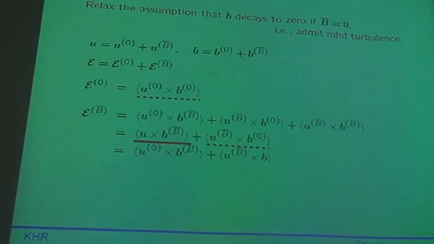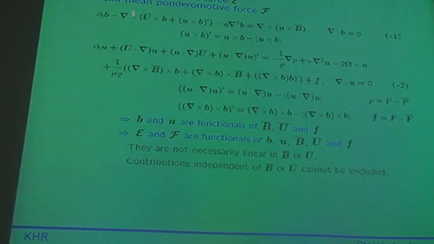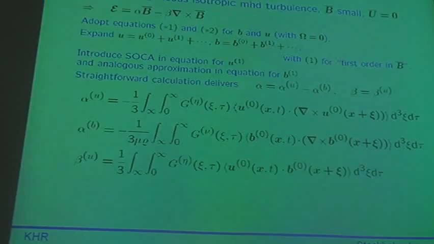If you accept these two equations with omega equals 0, and expand then U and B in this way, a term independent of the magnetic field and a term which is linear in the magnetic field, and of course higher terms.